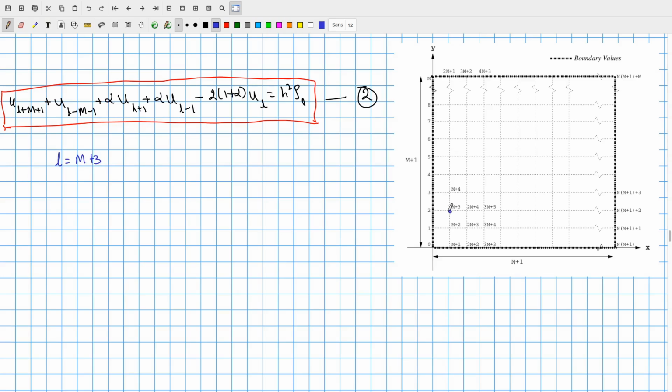So u of ij, what we have now is u of L, that is going to be u of L, m plus 3.